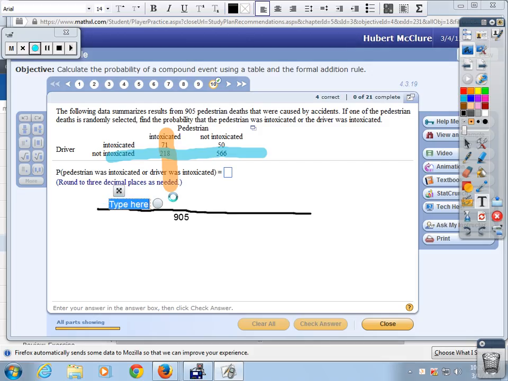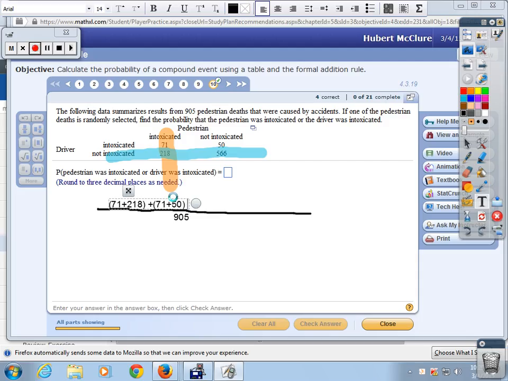And the numerator is going to be 71 plus 218. And then the blue is going to be plus 71 plus 50.